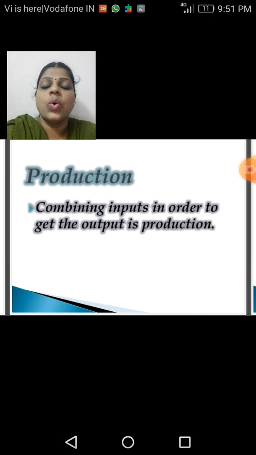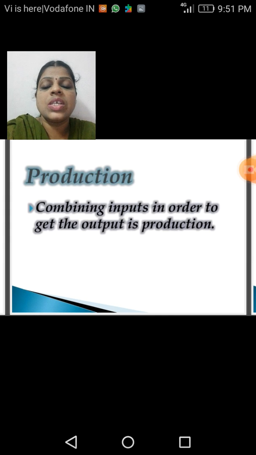So what does production mean? All these inputs, as I told you, the land, the labor, the capital, as well as the entrepreneur, isn't it? We combine all these inputs in order to get the output; that is production.